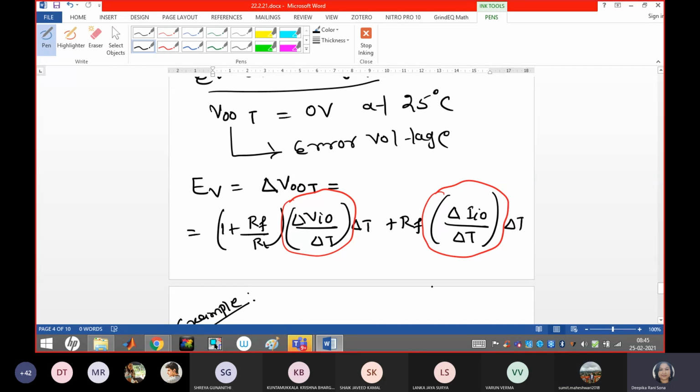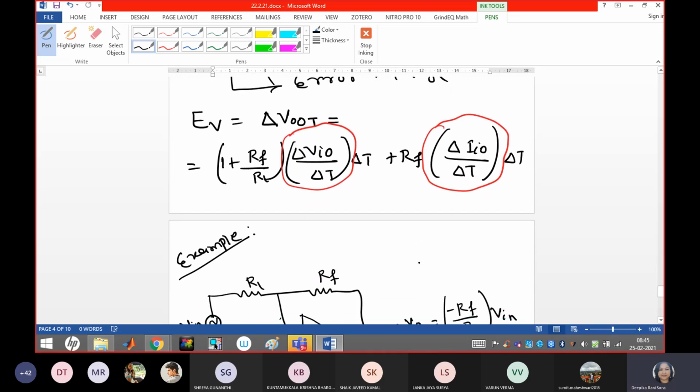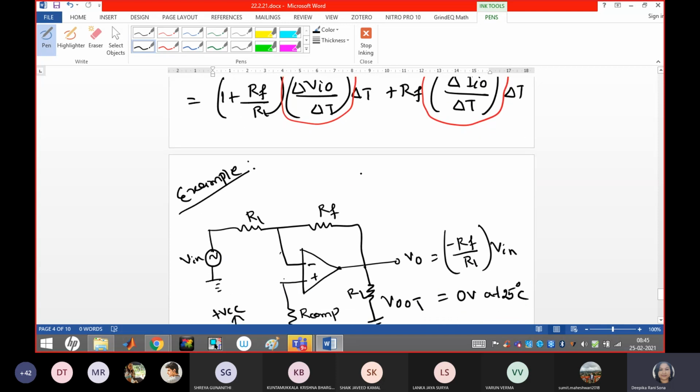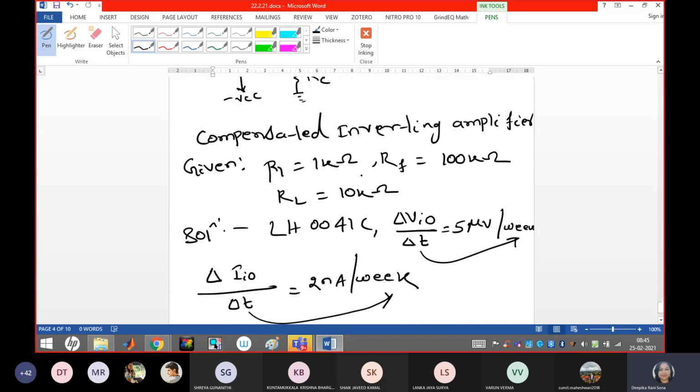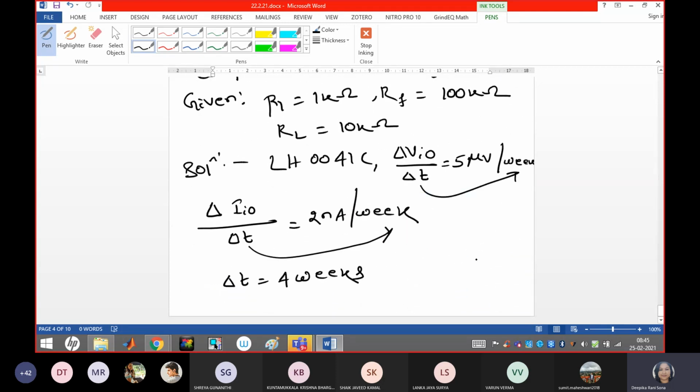You just use this formula and calculate the answer. Guys, this is the main formula to calculate the error voltage. You use it here and write the answer. You tell me the answer. I'm waiting for the response. The answer will come in millivolt. Solve it and tell me.